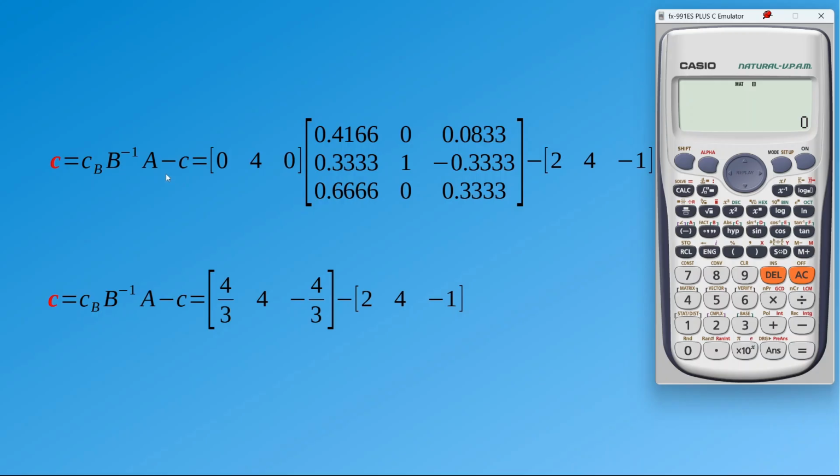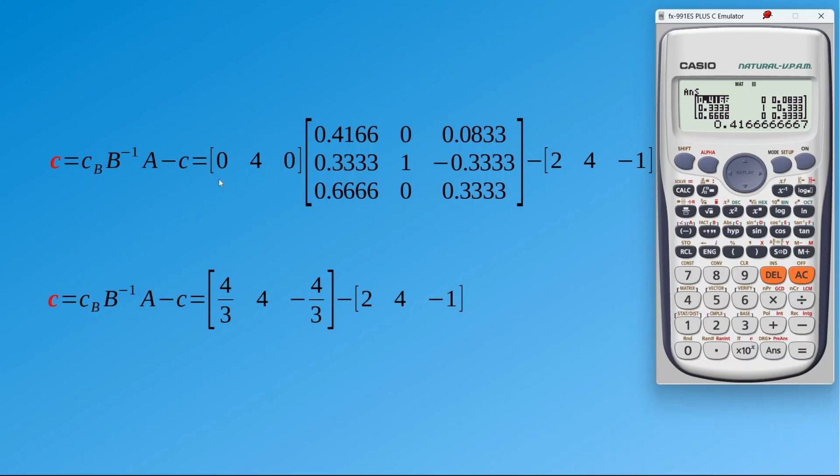So the trick is to find B inverse into A. So we do that. Shift 4 multiplied by, again shift 4 and select 3. And lo and behold, you have got B inverse A. So we write it down here.